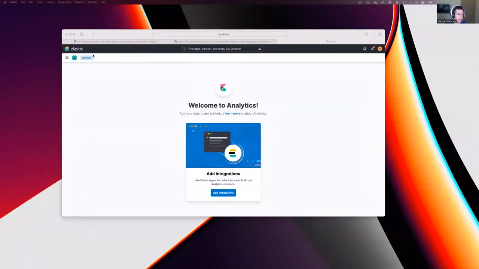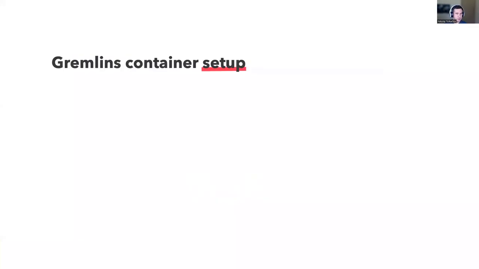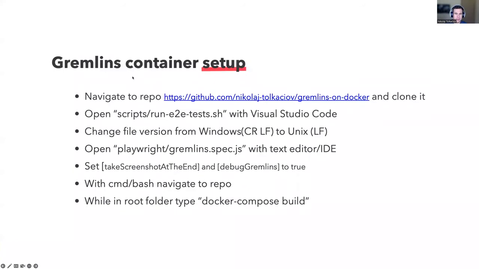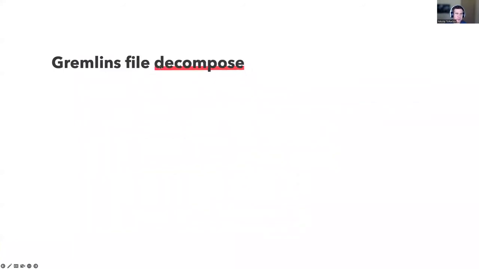So we can then go through the rest of the slides partially, and the next step is for us to go and look at the files for Gremlins. I want to introduce you to some of the Docker files, which help us create this Gremlin, and the setup and configuration we're using.